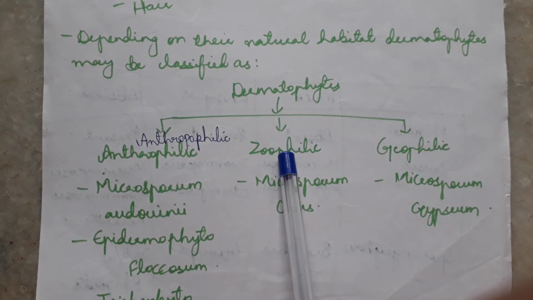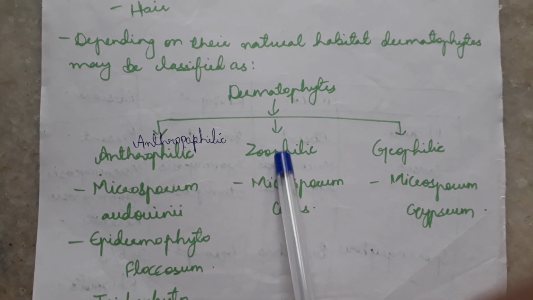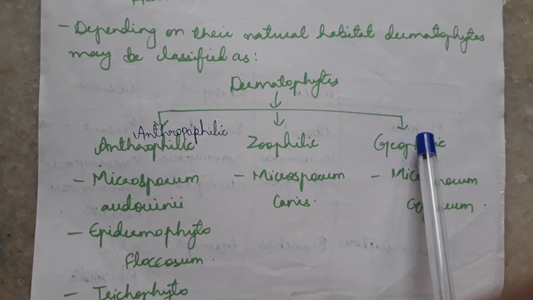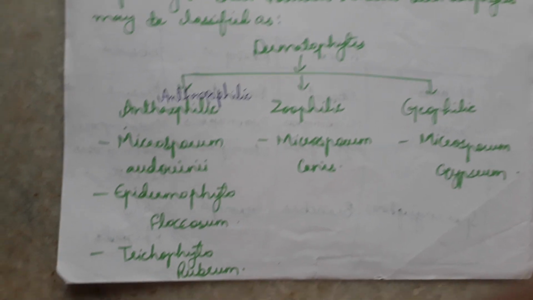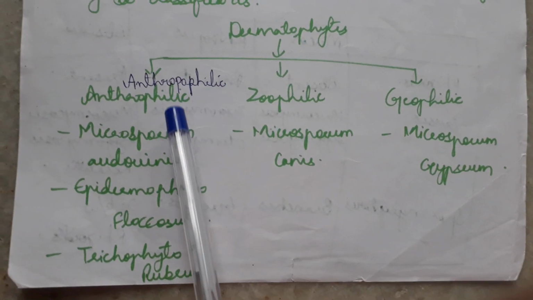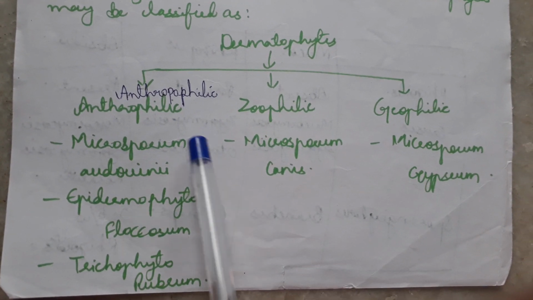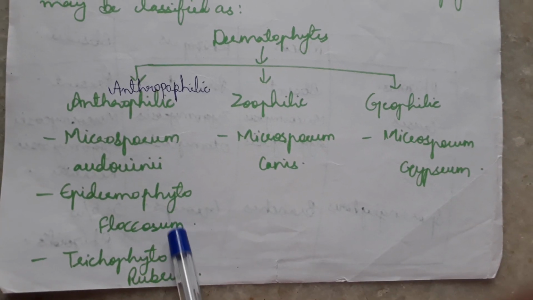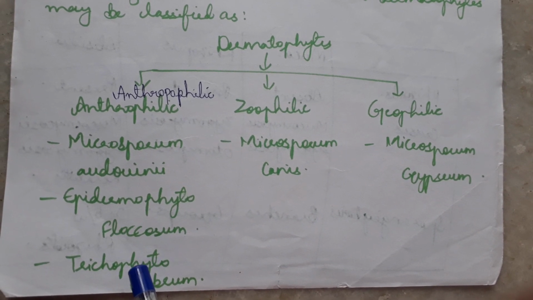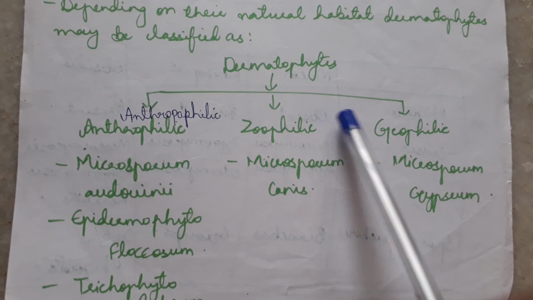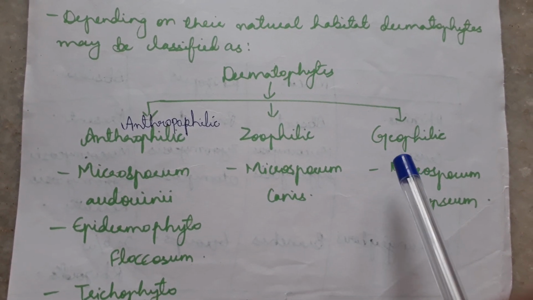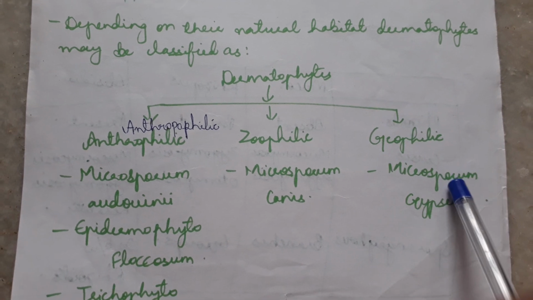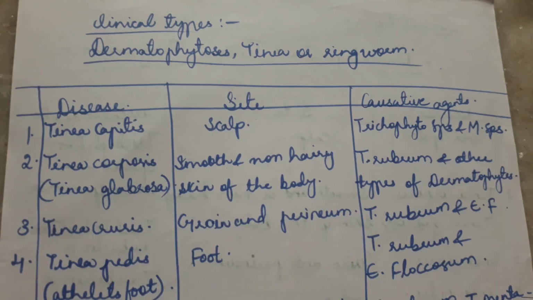Zoophilic ones are transmitted from animals to human beings, and geophilic ones are transmitted to humans from soil. Species under anthropophilic are Microsporum audouinii, Epidermophyton floccosum and Trichophyton rubrum. In zoophilic, Microsporum canis, and in geophilic, Microsporum gypseum.